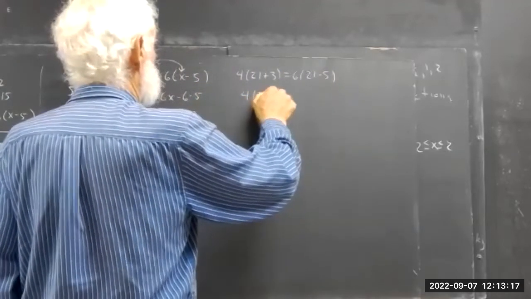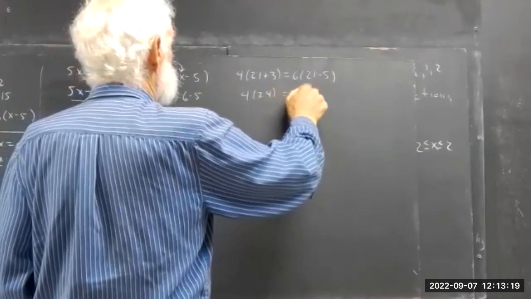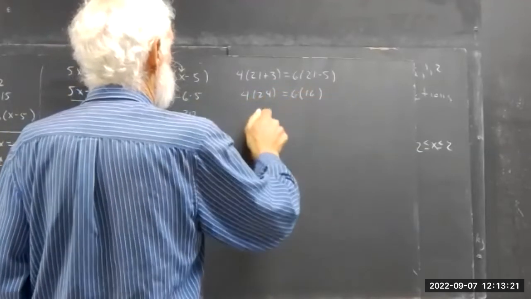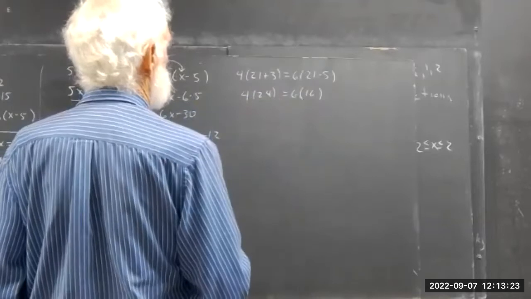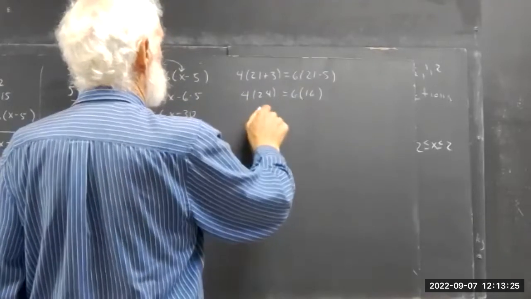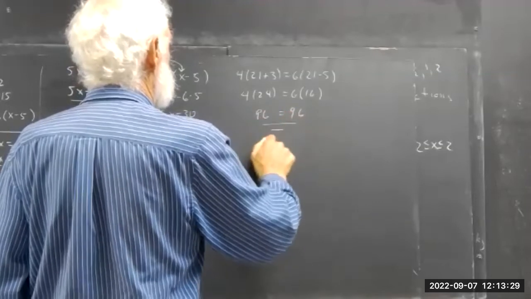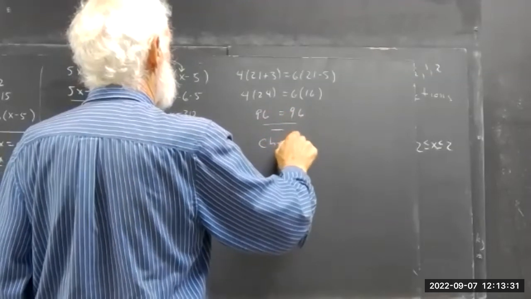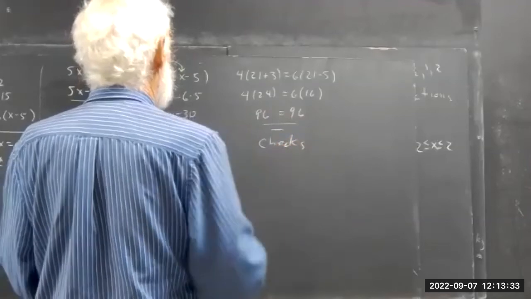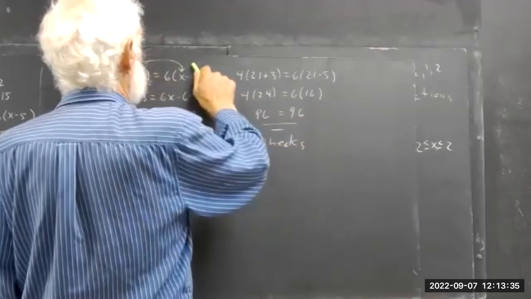And that's 4 times 24 equals 6 times 16. And 4 times 24 is 96. And 6 times 16 is 96. This checks.